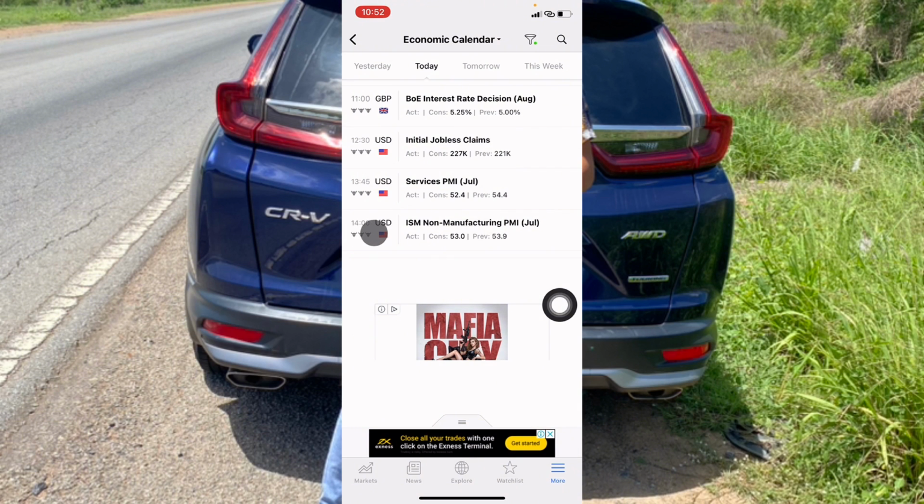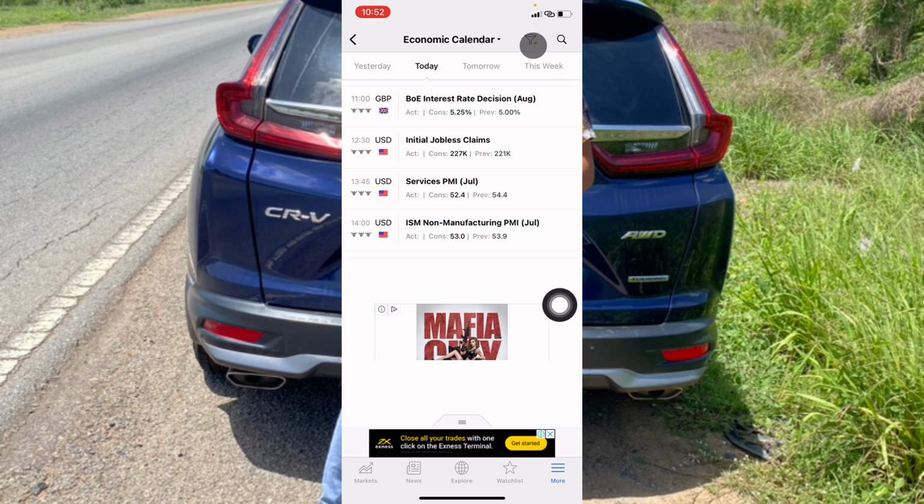If you have news with 3 bulls attached to it, just make sure that you don't over leverage that day. Today we have initial jobless claims. We also have the interest rate of Great Britain that will be coming in just 5 minutes, then the services PMI around 2 in the afternoon and 3 in the afternoon.